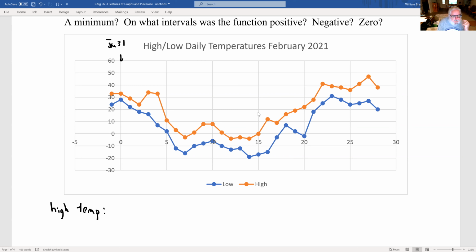What the high temperatures do is they sit around 30 degrees until February 4th. That's here, right? So around 30 degrees. And then it drops, right? And it drops pretty dramatically to about February 5th.